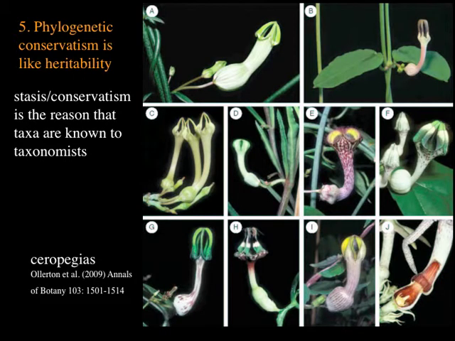Here's an example. These are Ceropegias. And Ceropegias, the way that they work is they have this kind of flask-shaped thing. And inside of the flask, here's one that's torn open, the primary sexual parts are here. And there's some kind of downwardly pointing hairs and some smelly stuff in here.